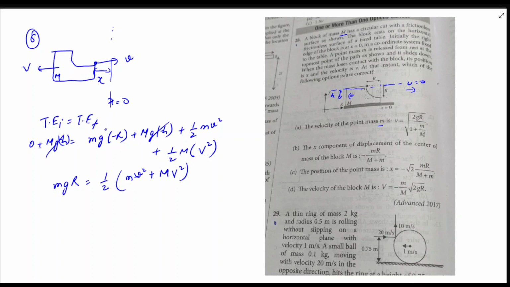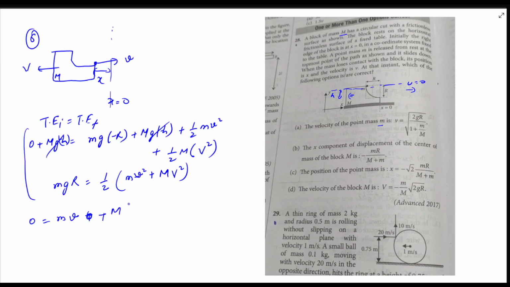Now let's use momentum conservation. Momentum conservation is simple. Initial momentum is 0, final will be mv plus M times minus V, since the block moves in the minus direction.